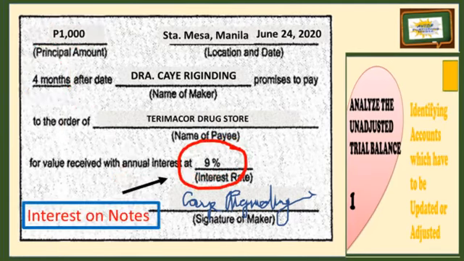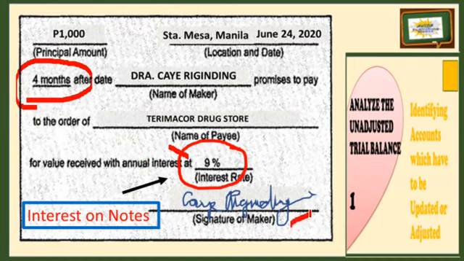Most promissory notes have an explicit interest charge. Sometimes this one is not written. This one is explicit because it is written here. Interest is the fee charged for use of money over a period. So for the use of money for 4 months, the RIMACOR will be given 9% by Dr. Riginding, who is the maker of the note.